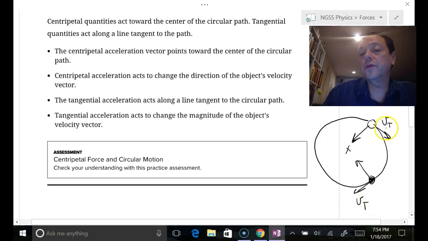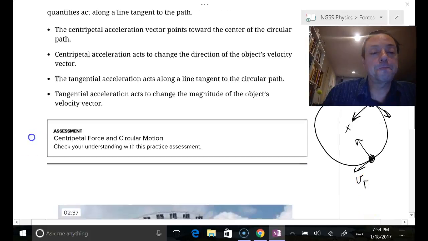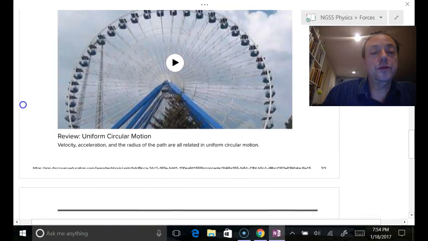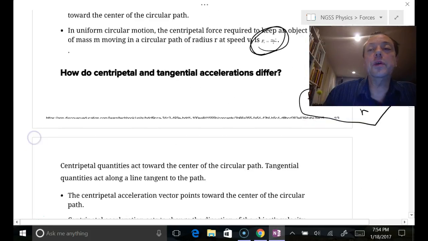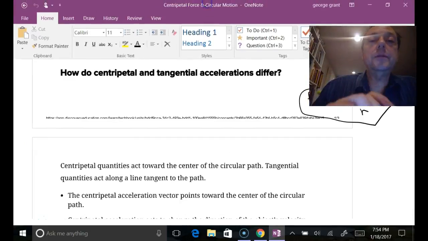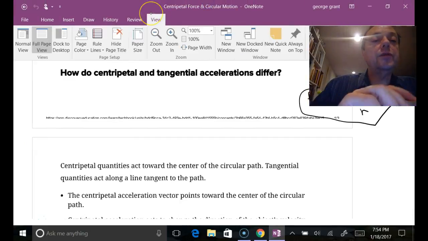Okay, so the force is still pointing to the center, the acceleration still points to the center, and the velocity is tangent to the circle. Okay, there's a Ferris wheel, all kinds of good stuff. Okay, last one. Last one.